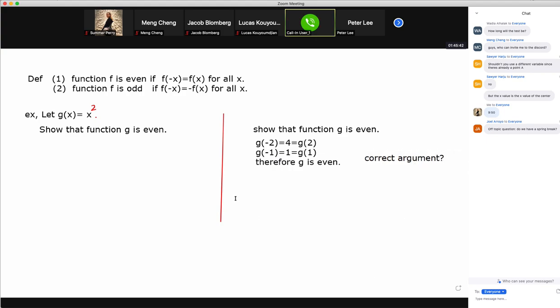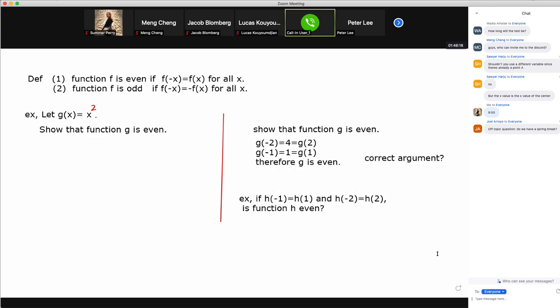So let me ask you this. Let me give you another question. Example: if h of minus 1 is equal to h of 1, and h of minus 2 is equal to h of 2, is function h even?